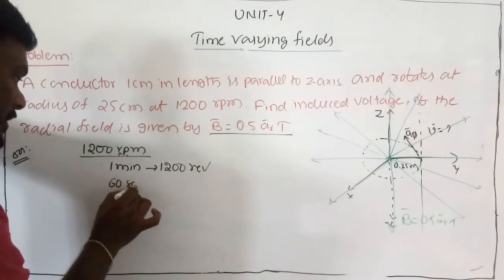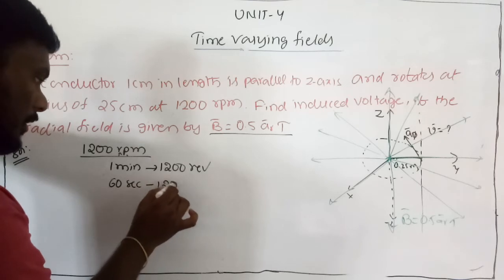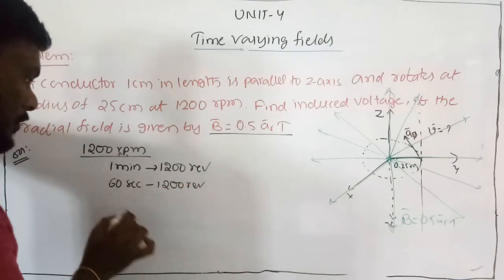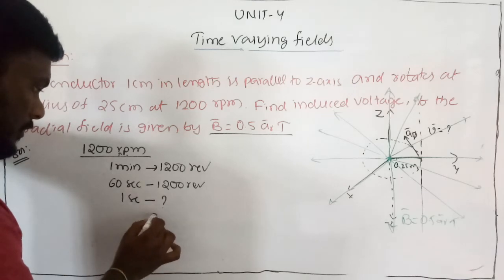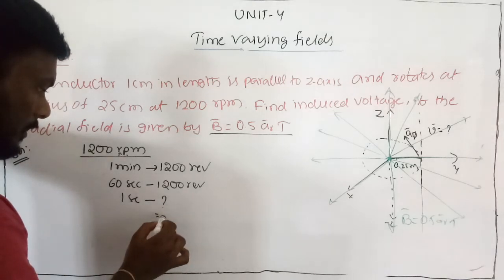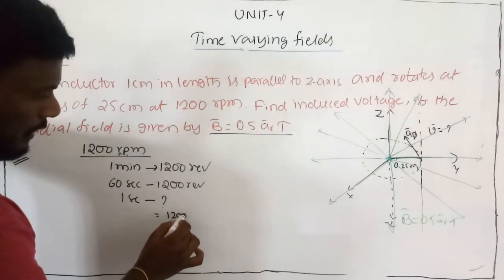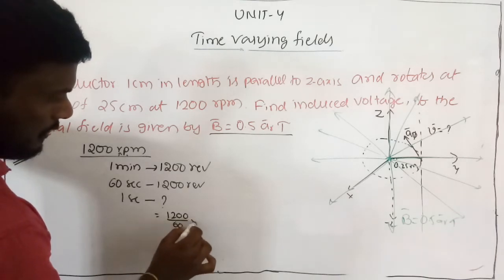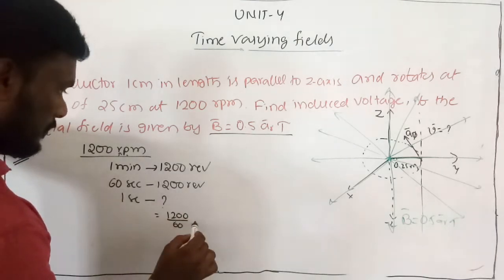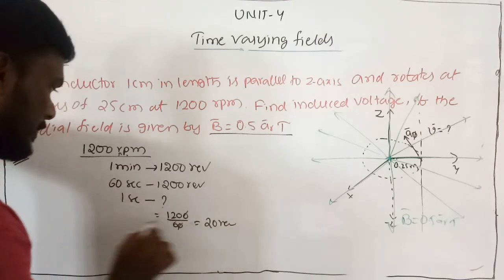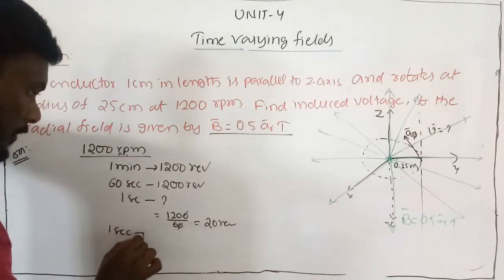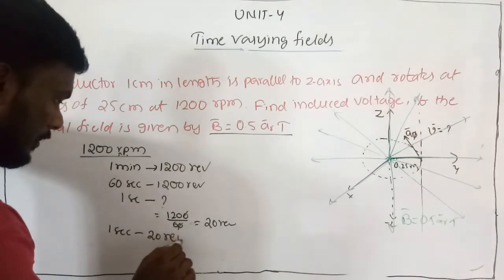In 60 seconds it will complete 1200 revolutions. So for 1 second, it is 1 by 60 into 1200. 1200 by 60 is equal to 20. So in 1 second it will complete 20 revolutions.